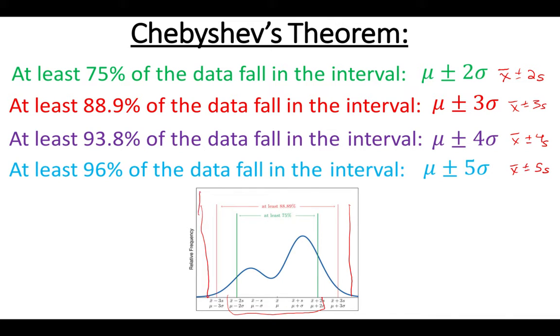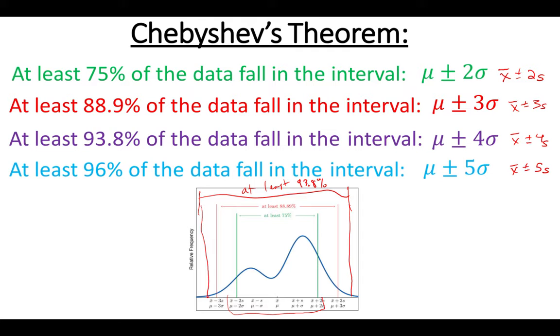It's not a very straight line. And then we would say at least 93.8% would be within that 4 standard deviations of the mean, and that could go further, 96%. And you could even continue this further and further until it was virtually 100% of the data. So that's what the theorem is.